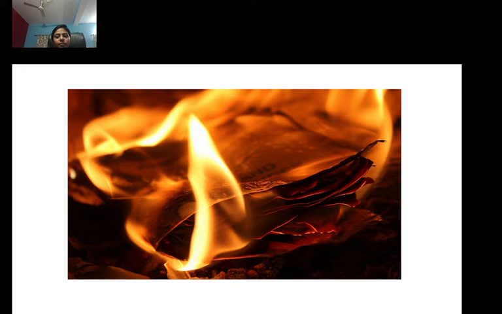Yes, combustion is the process in which a substance reacts with oxygen. Okay, Swati. The substance that undergoes combustion is called combustible. So, a chemical process in which a substance reacts with oxygen to give off heat is called combustion. That is why when I burn the paper, I feel heat.